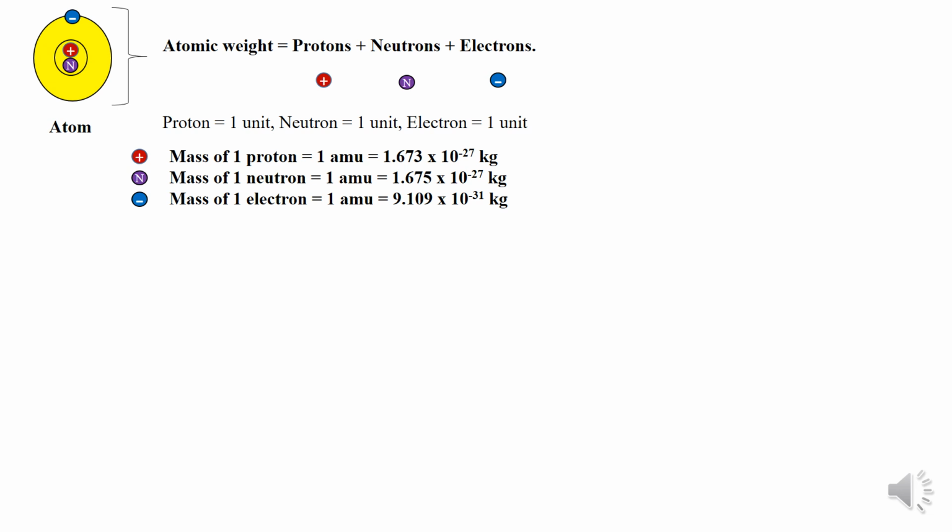So, one atomic mass unit of electron will be 9.109 into 10 power minus 31 kilograms. So, the ratio of masses is 1 is to 1 is to 1850, which means that the mass of electron is nearly 2000 times lighter than that of the mass of proton and neutron.